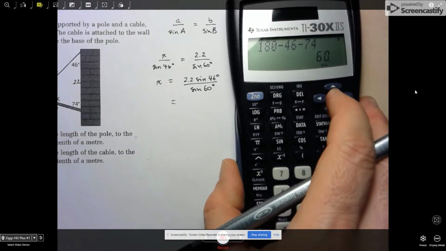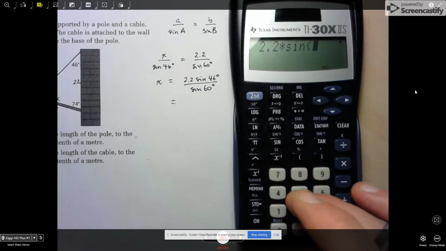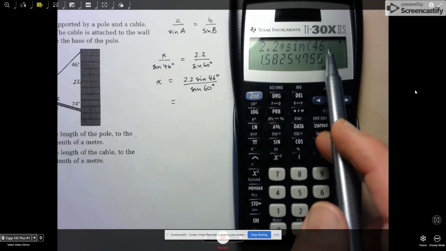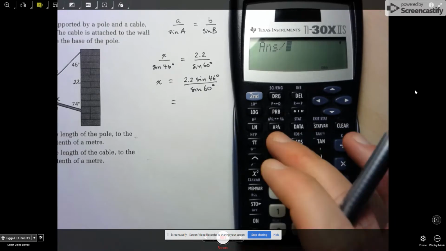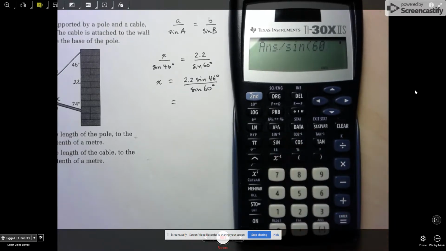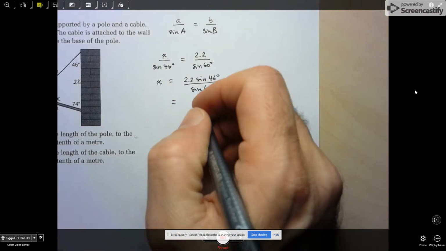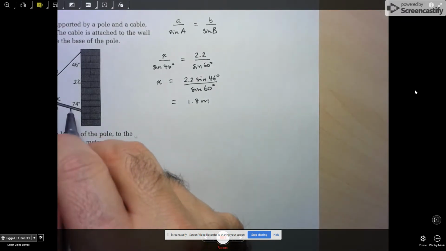So here we've got 2.2 times sine of 46. Notice I do a little equal there just so I don't have to close off my bracket. And then divided by sine 60. All right, and what do we have? Looks like we have 1.8. And there's the length of my pole.